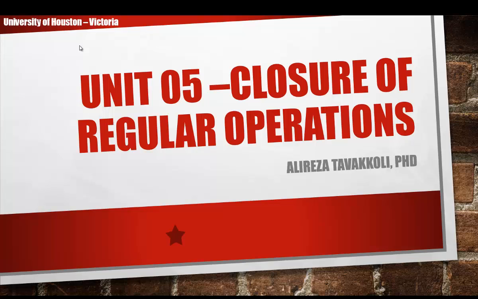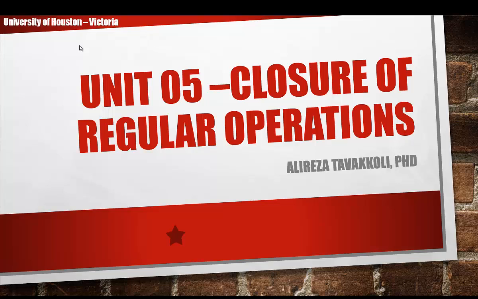But if you have finished your Unit 4 and you feel comfortable about the proof that we did for the theorem that the class of regular languages is closed under the union regular expression, then you should be good.